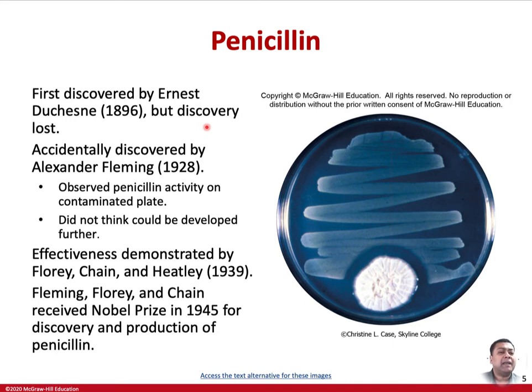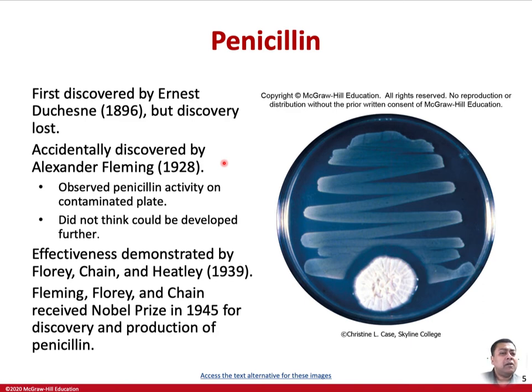After coming back, he saw some mold growth on that plate, and around it there was no growth of any bacteria, of Staphylococcus aureus. So he reasoned that this mold, which he identified as Penicillium notatum, is releasing a compound which is diffusing and killing that particular bacteria, Staphylococcus.